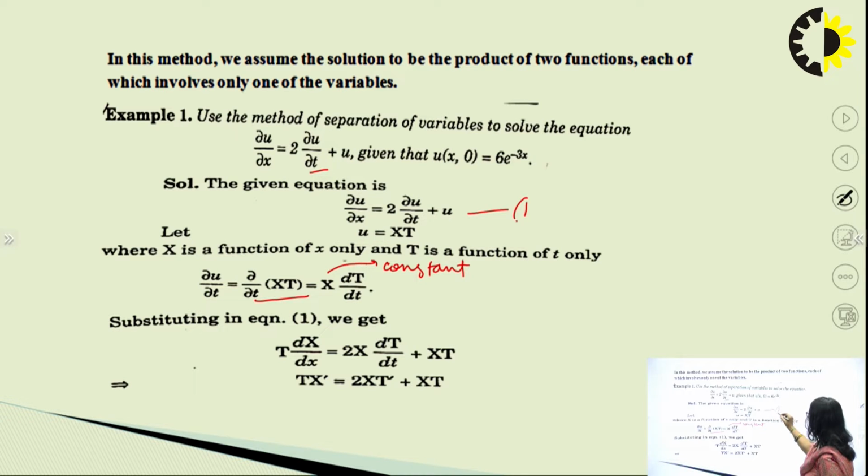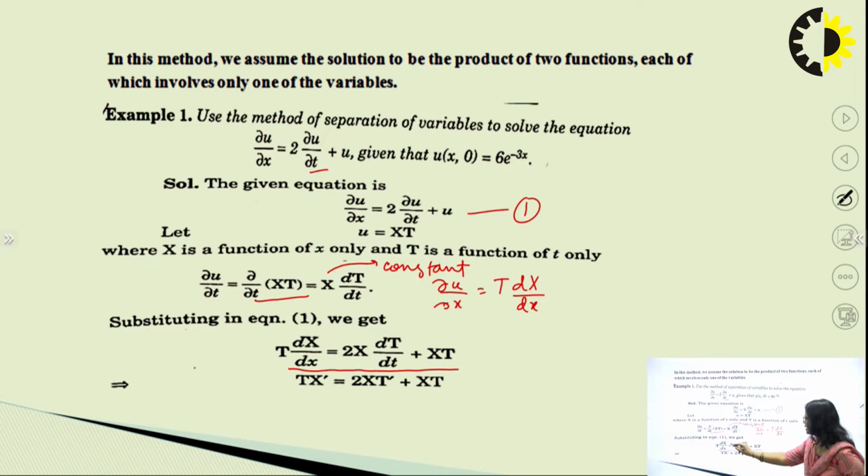If we substitute the values of del u by del t and del u by del x, we get del u by del x as T dX by dx. So, we substitute these values in equation 1.